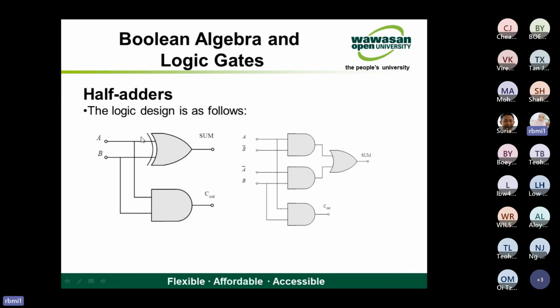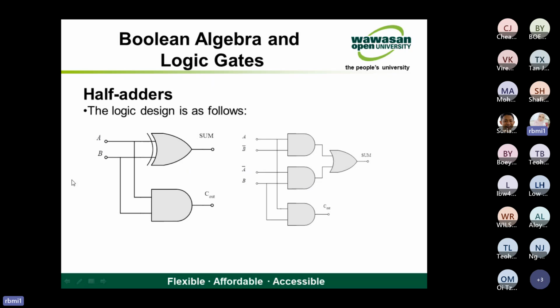That is how we get this half adder logic gate. Also, this is equivalent to the one here for half adders. Either we use exclusive OR and AND gates, or 3 AND gates with OR gates. So this is the half adder logic diagram.